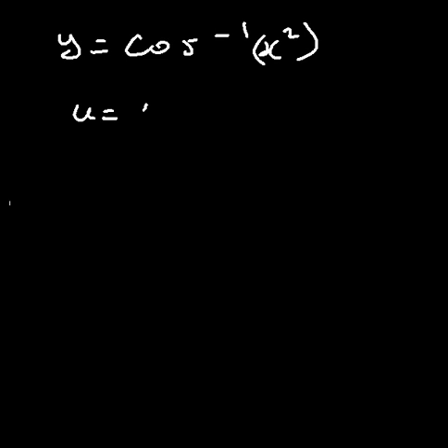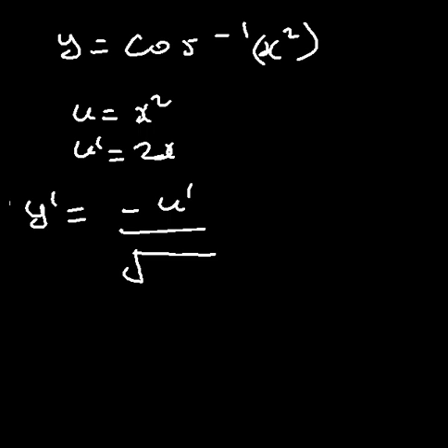Likewise, what if we have this case? What if we have y = cos inverse of x to the power 2? The principle remains the same. What is u? We have it as x squared. And what is u prime? We have it as 2x. What is the differentiation key for the cos inverse? We have negative u prime divided by the square root of 1 minus u squared. You need to memorize this step; you just need to memorize the table of derivatives of the inverse trigonometric functions.